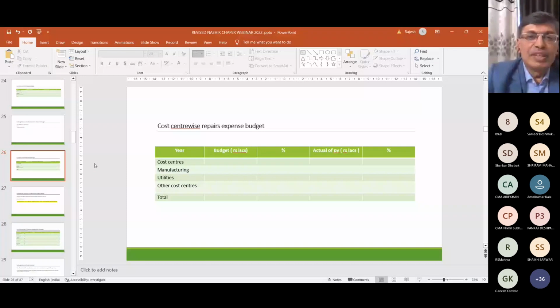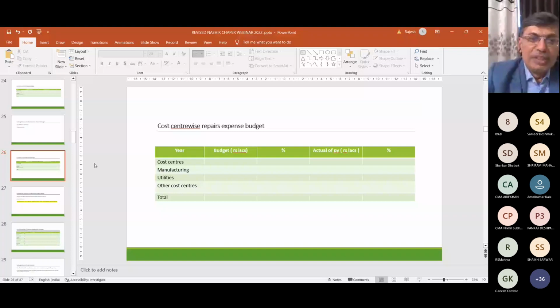Then cost center wise repairs expenses. Again, the maintenance department will provide these cost center wise repairs expenses. Mainly it will consist of various ARCs and AMCs. Cost center, it may have the labor contract, etc., for manufacturing plants, for utilities, and for other cost centers.